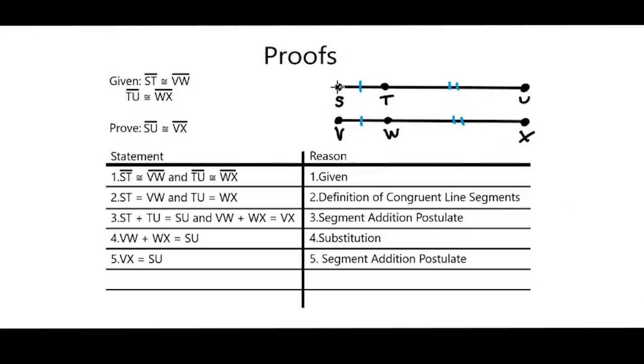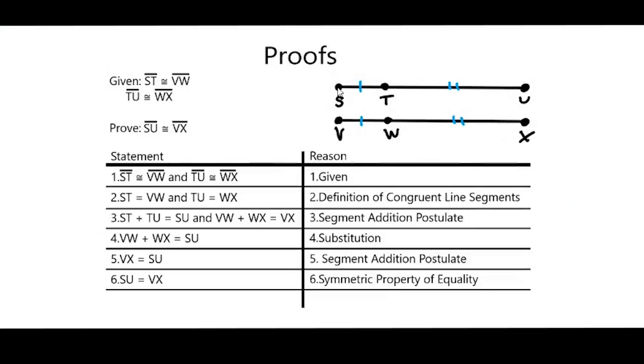And let's refer back to our proof statement. It says that line segment SU is congruent to line segment VX. Well, I'm going to flip that around to say that the measure of line segment SU is equal to the measure of line segment VX. And I can flip that around because of the symmetric property of equality.